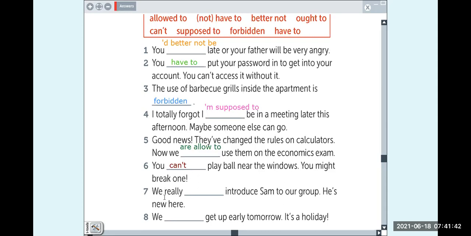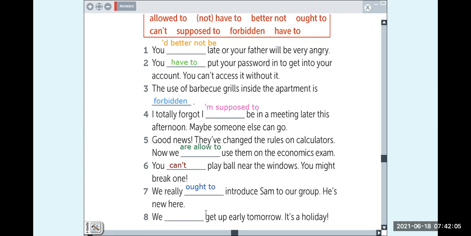Number 7, we really ought to introduce Sam to our group. He is new here. Ought to, right? This is something more personal, right? We really ought to introduce Sam.